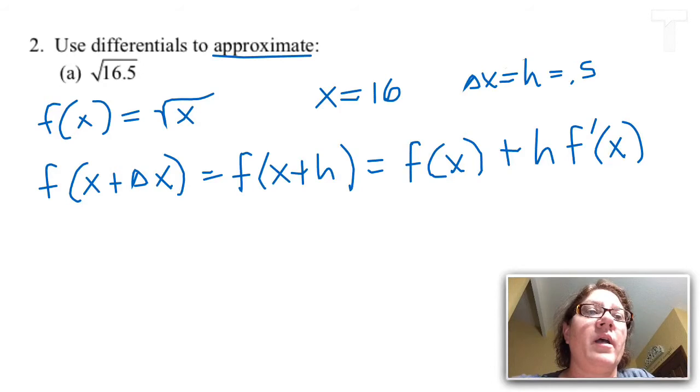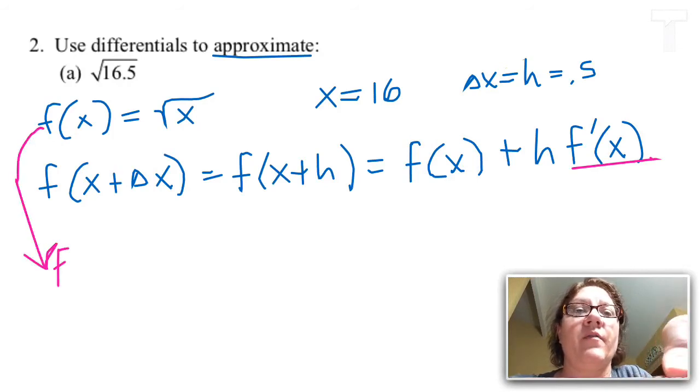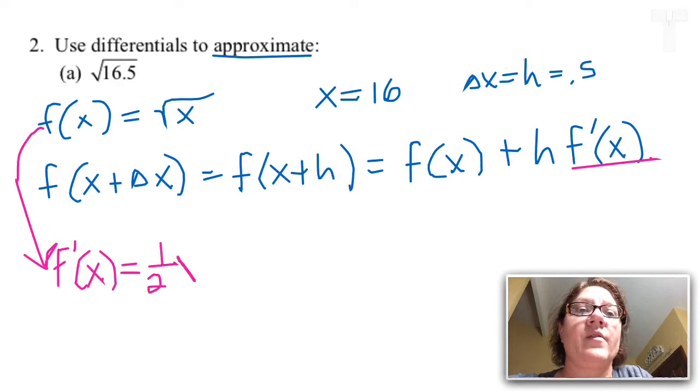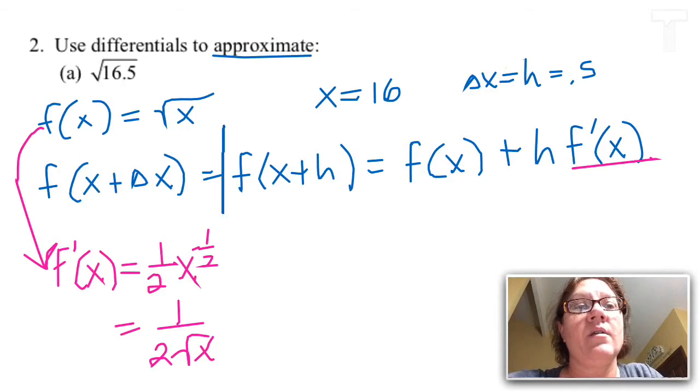So now I know x and I know h, but I still need to know what f prime of x will look like. So I will come back over to here and find f prime, which of course is 1/2 x to the negative 1/2, or 1 over 2 square root of x. And so now I'm ready to start plugging some things in.